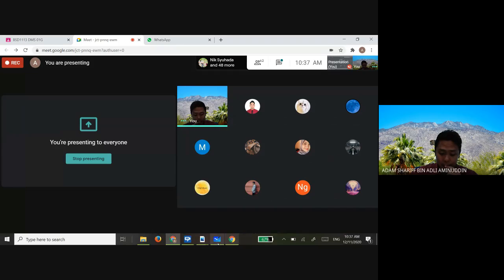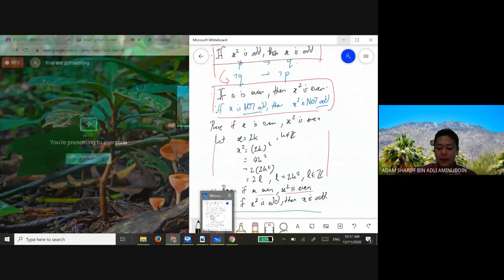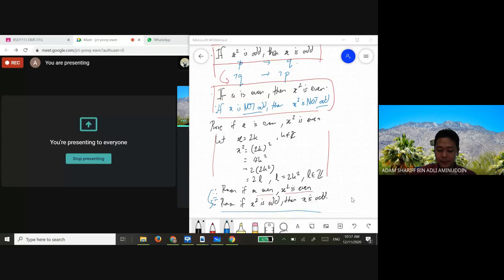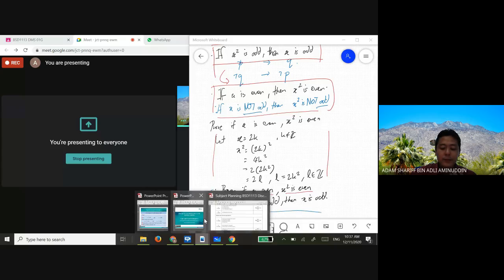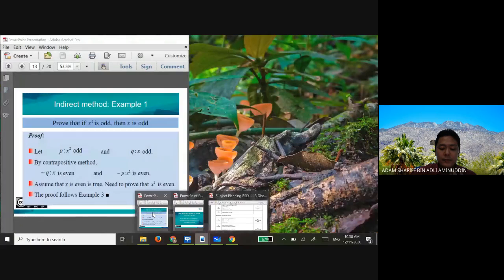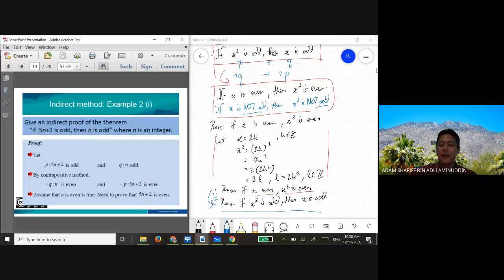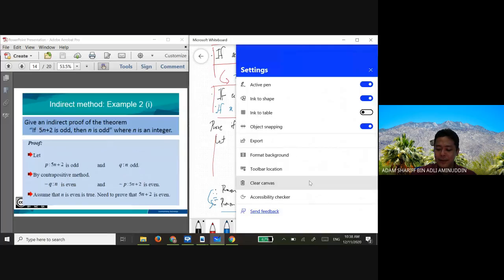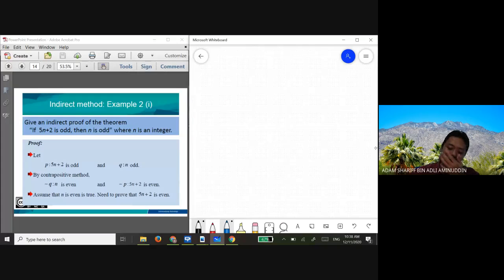Okay. Kita pergi ke soalan seterusnya. Another one that involves indirect method. Okay, this one is also easy. Ada jawapan kat bawah, tetapi I always like to show to my students why direct method fails.